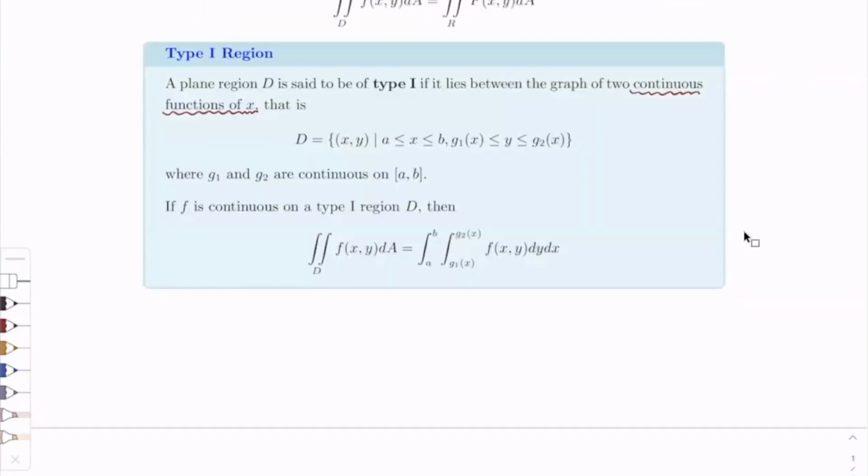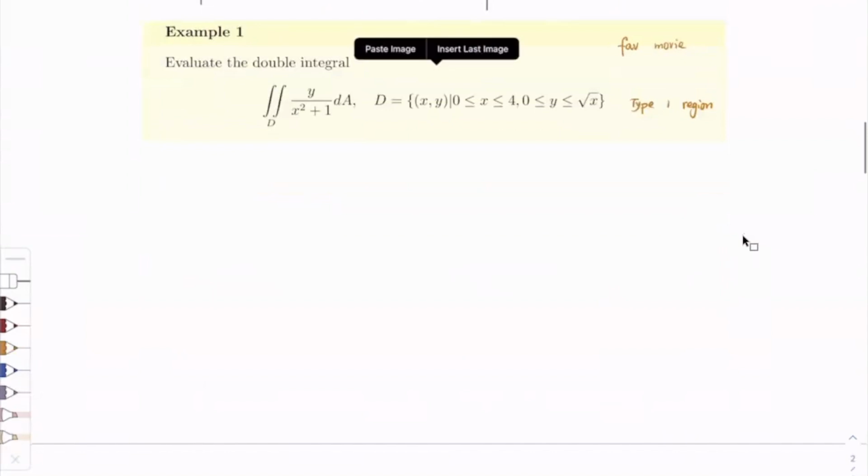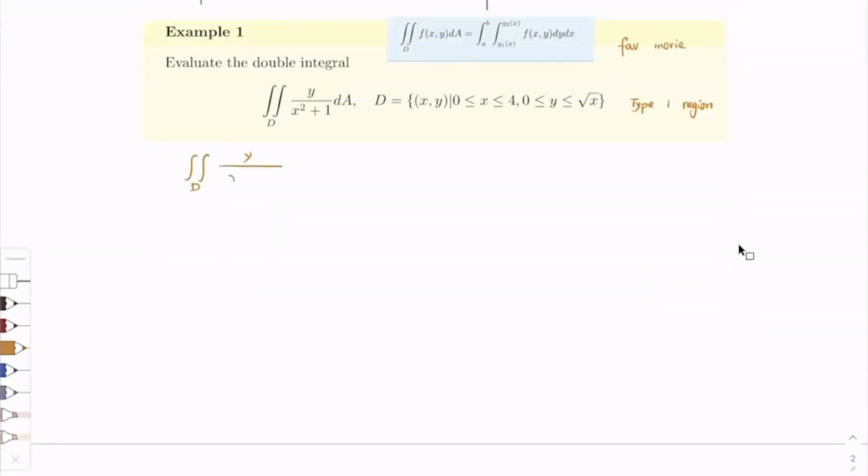You can just use this to compute your double integral. So this equals the integral from 0 to 4, and 0 to square root of x, of y over x squared plus 1, dy dx.